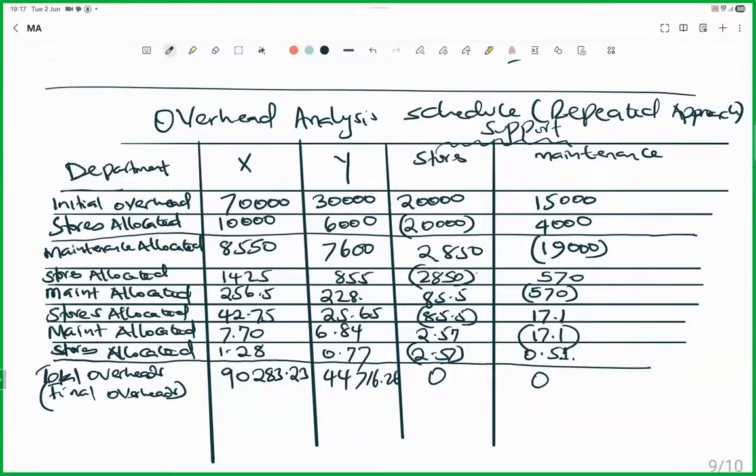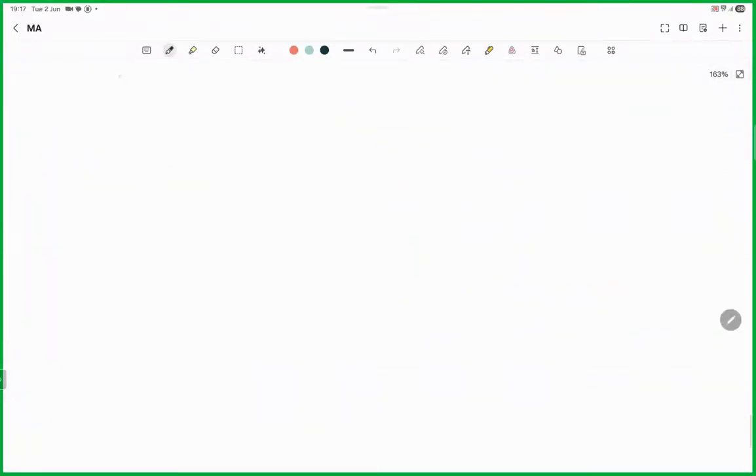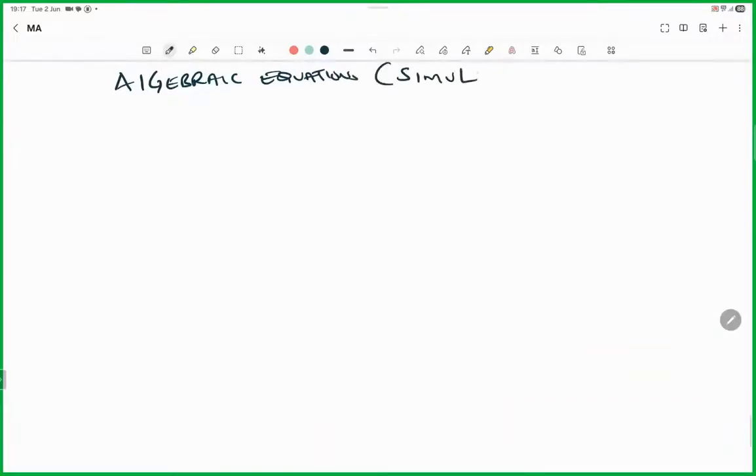So if that is understandable, please allow ourselves to go and do the same question, but this time around using what we call algebraic equations. Or what you see your examiner calling simultaneous equations.